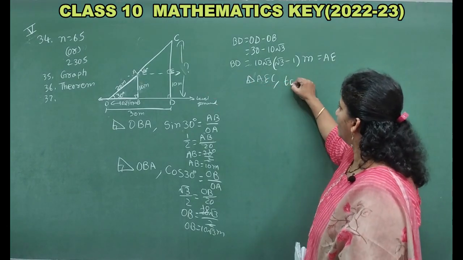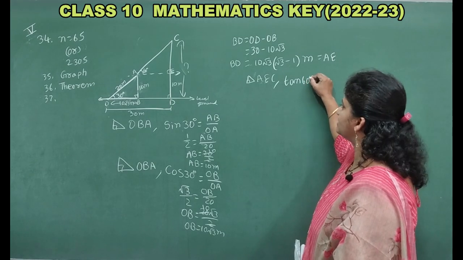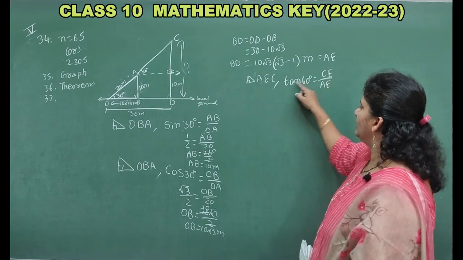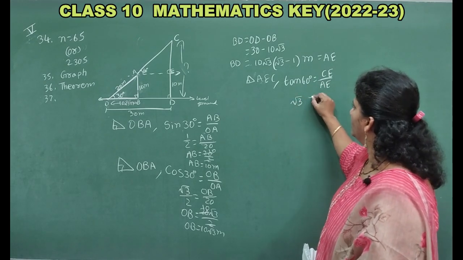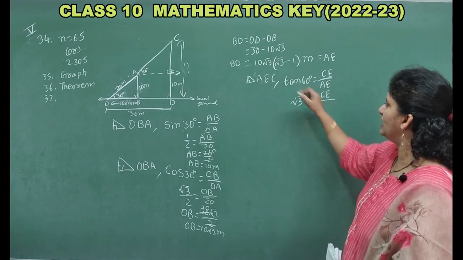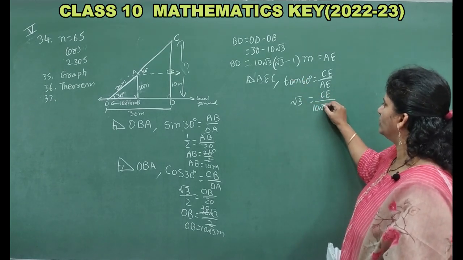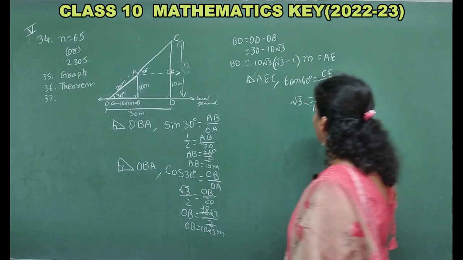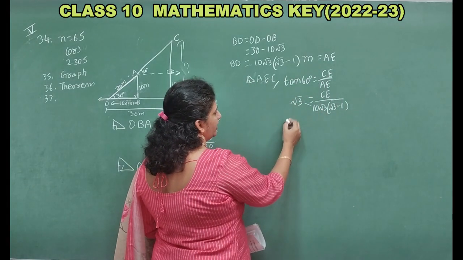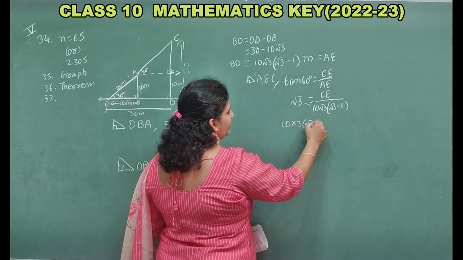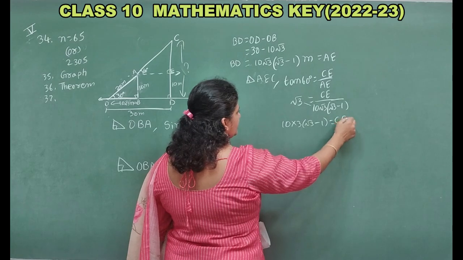So I will take here tan 60 degree is equal to opposite by adjacent. Tan 60 value is root 3. CE, we don't know CE. AE, I know it as 10 root 3 into root 3 minus 1. Cross multiply, 10 root 3 into root 3 will be 10 into 3 into root 3 minus 1 is equal to CE.